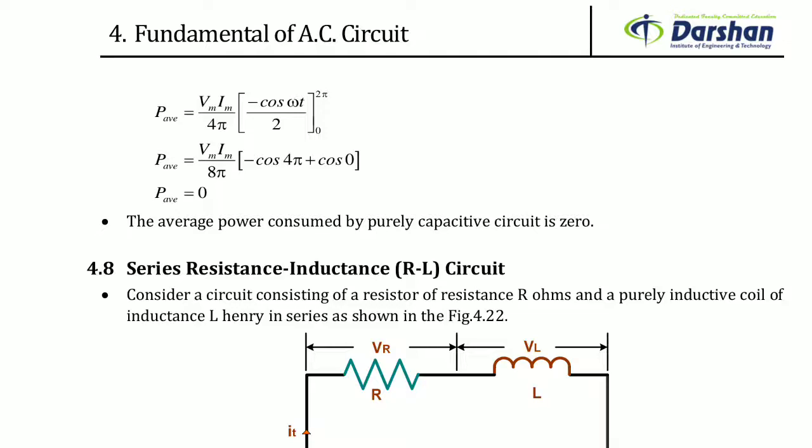Whatever the interval, 0 to 2 pi or 3 pi, 4 pi, it works out the same. So we get Vm Im by 8 pi, minus cos 4 pi plus cos 0, so minus 1 and plus 1 will give the 0 value.